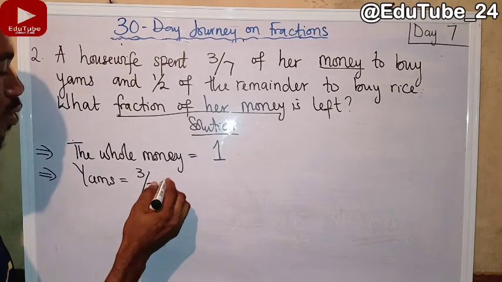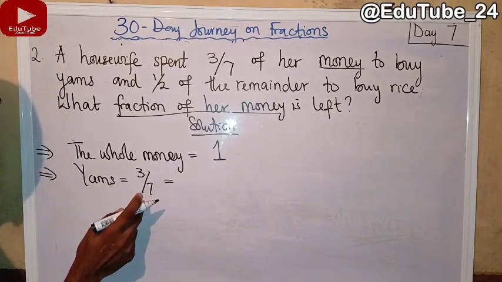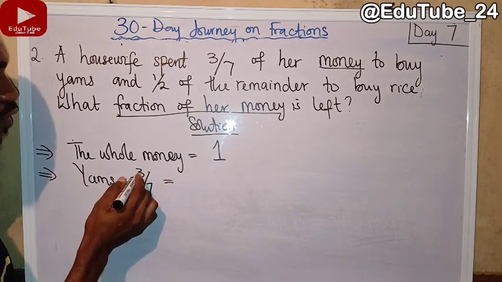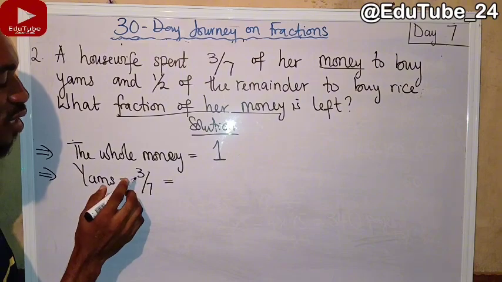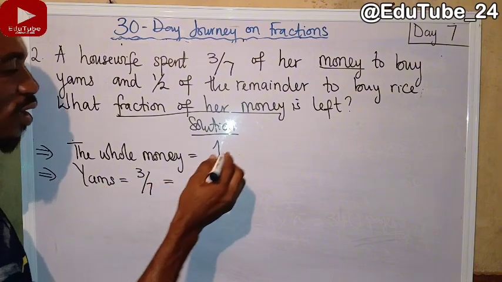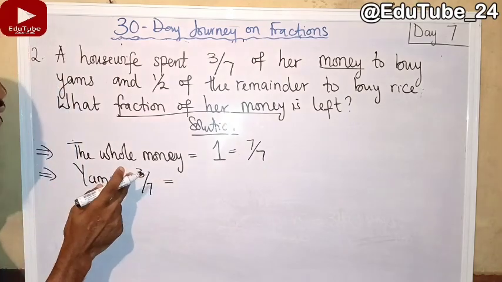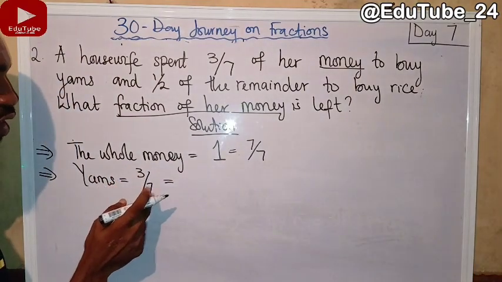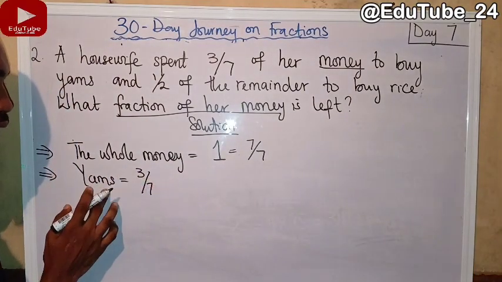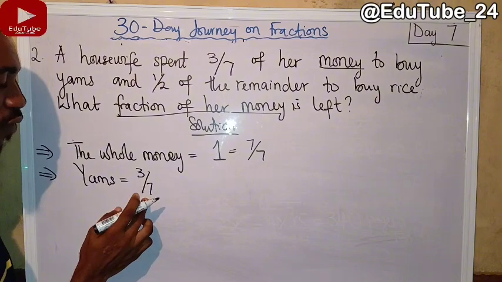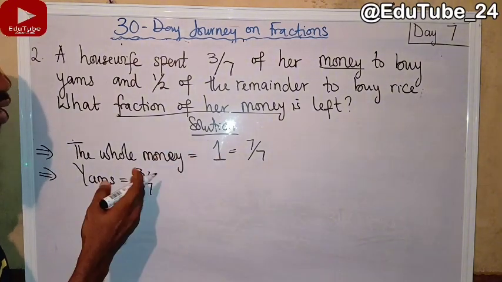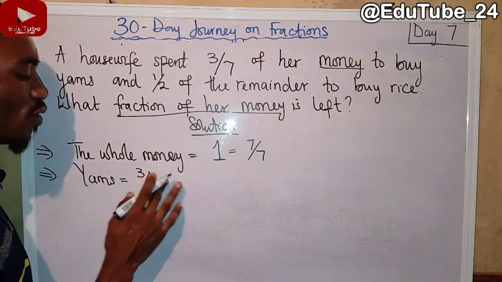That means if she spent 3/7, please don't forget what I did earlier. If she spent 3/7, this means 3 out of 7. So the entire money will be 7/7. So if she spent 3/7 of her money on yam, that is 3 out of 7. So if something is 3 out of 7, you will be left with 4.